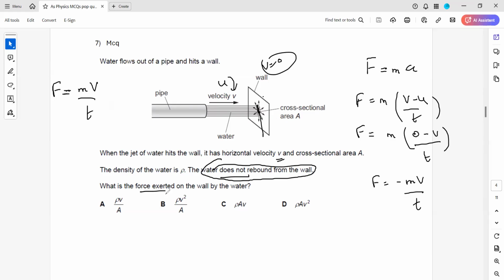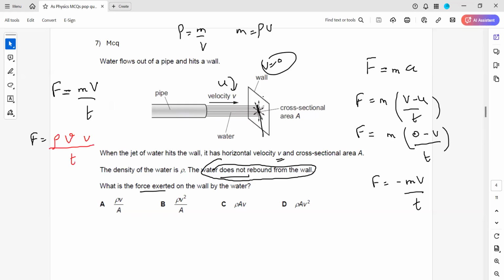What about the mass? In terms of density, density is mass over volume. So the mass will be density times volume. This V is the volume, so I will just write it as a curve. So F is equal to, in place of the mass, I can substitute density times volume times v, the velocity, divided by time.